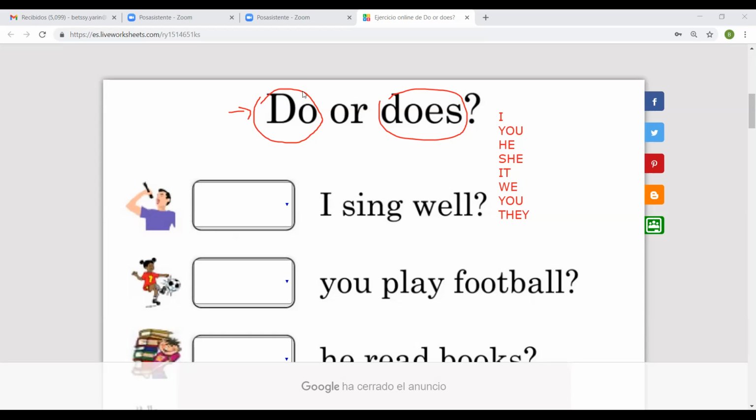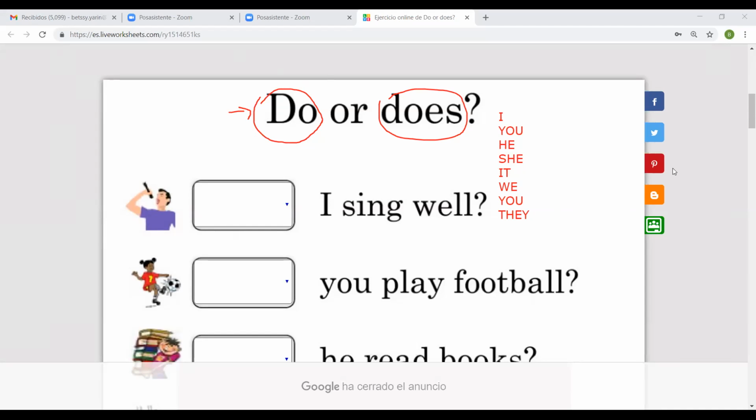And I have to use do with the other pronouns, okay? So with does, I only use what? He, she, and it, okay? Very good. And the rest, I have to use with auxiliary do, okay?